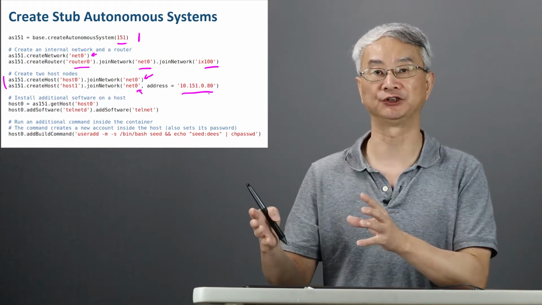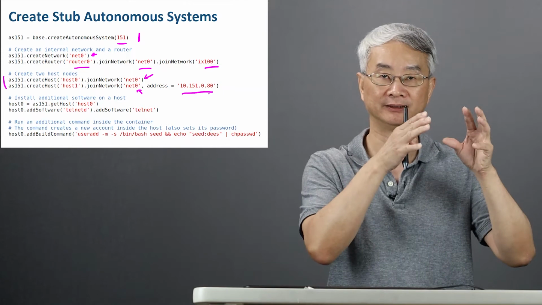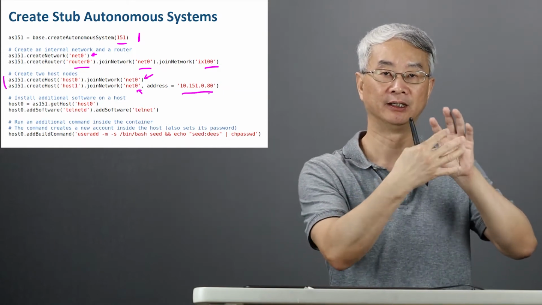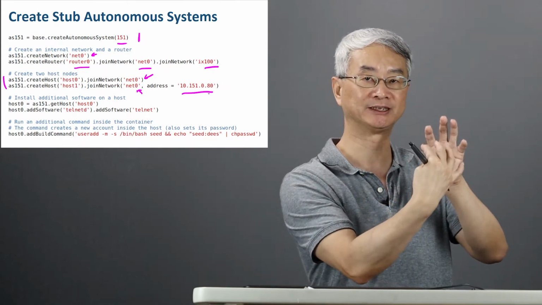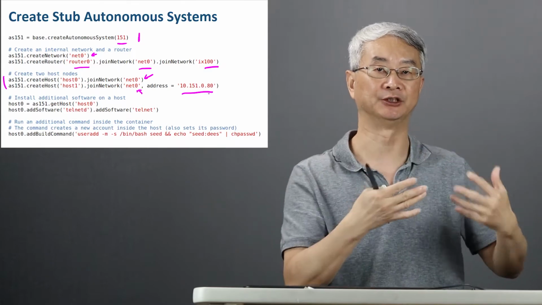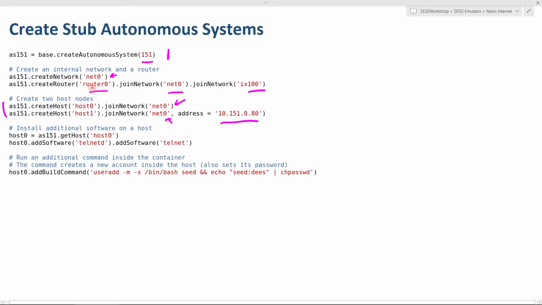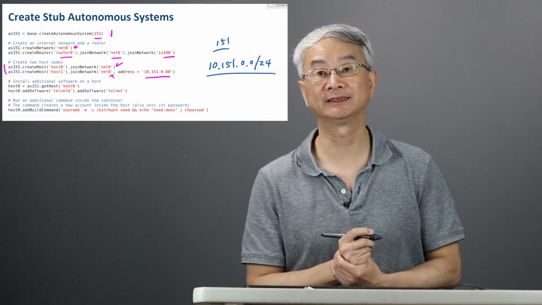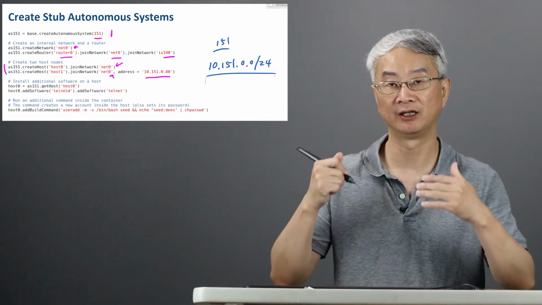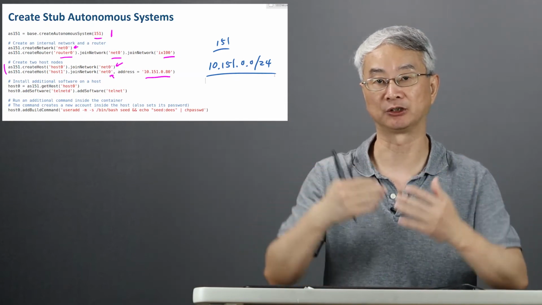We do have a convention for the IP addresses in an autonomous system. For example, for 151, the default is going to be 10.151.0.0/24, and this is the default network provided to this autonomous system.